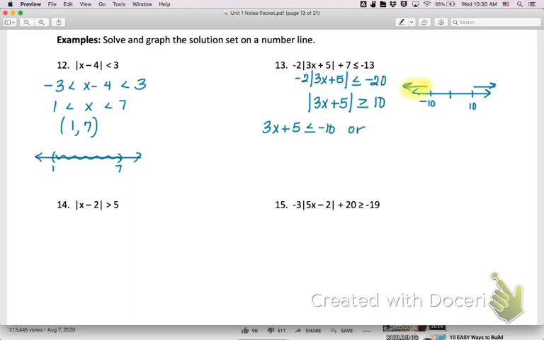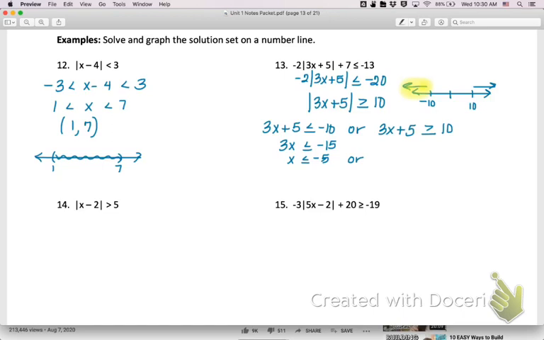Or 3x plus 5 has to be greater than or equal to positive 10. That's the right-hand side of the inequality. Either way, our distances need to be getting farther away. And so now we solve these individually. 3x is less than or equal to negative 15. So x is less than or equal to negative 5.